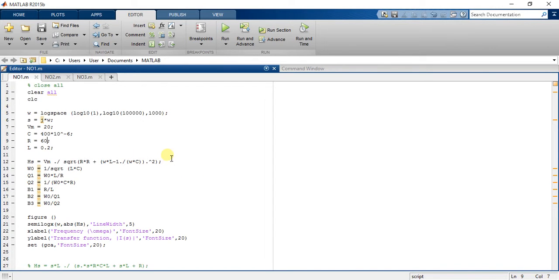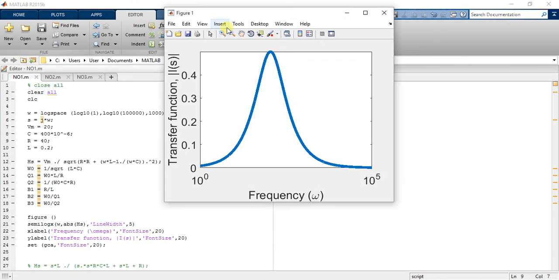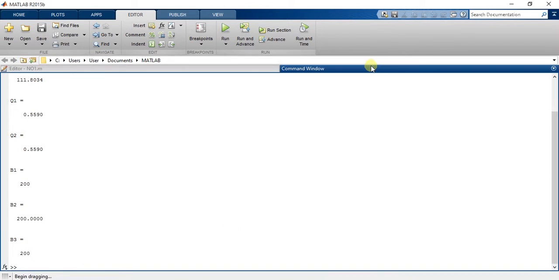Here we go, this is the code. Omega naught is the resonant frequency, Q1 and Q2 are quality factors, and B1, B2 and B3 are bandwidths. We substitute the value of the resistor with 40 ohm and run the program, and we get the graph. Now we see the calculation.